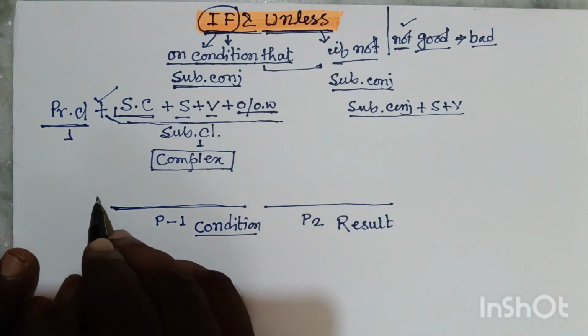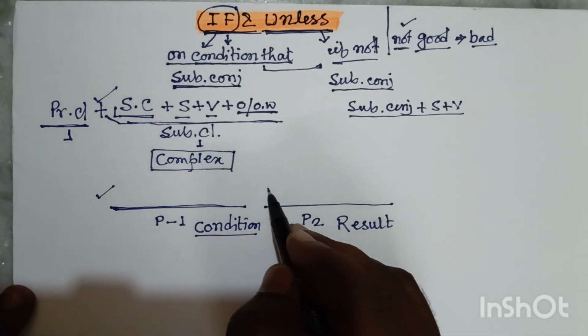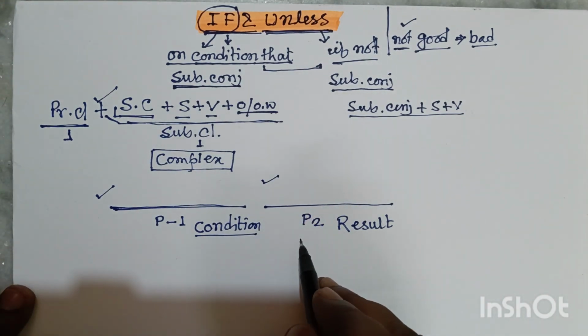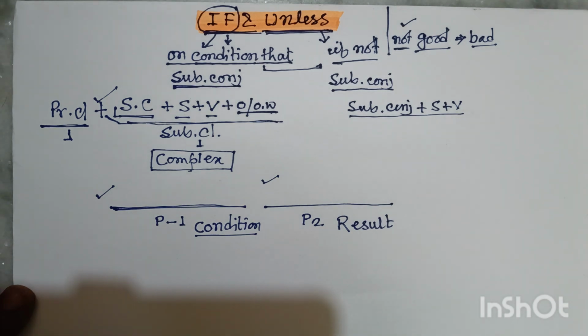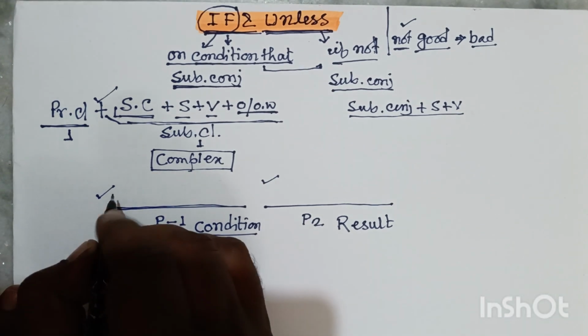My dear friends, if this condition part comes true, the second part or the result part will be true or will be a fact. My dear friends, I think you can understand the situation. Suppose I am giving you an example.